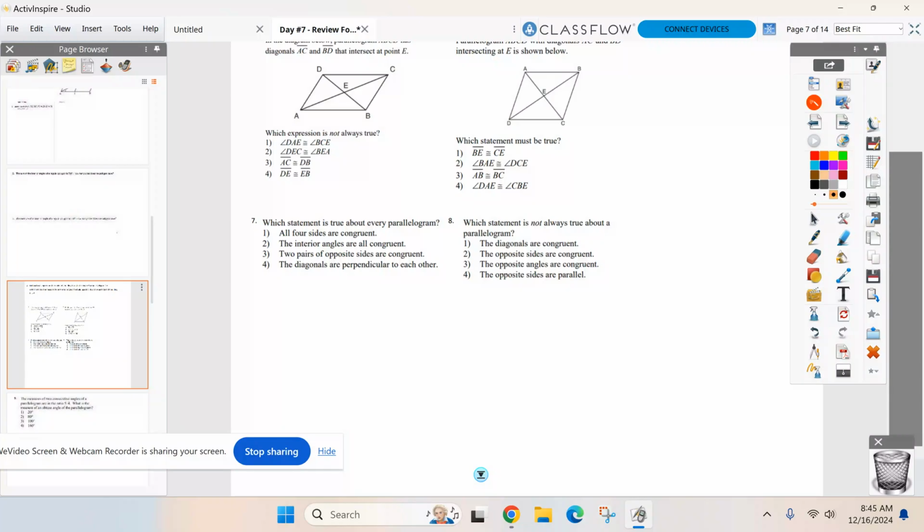So this is just straight up knowing your properties. And remember, nothing will be on the board tomorrow. We're on number 8 in the review.